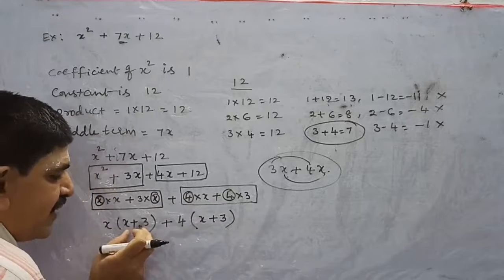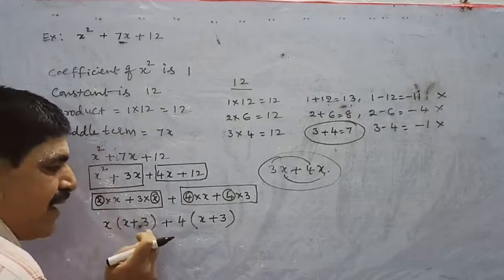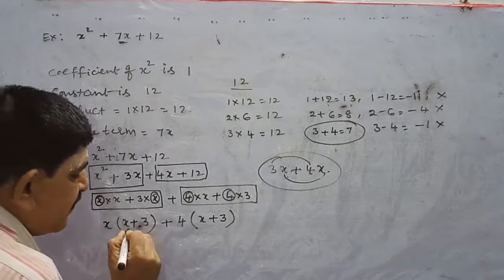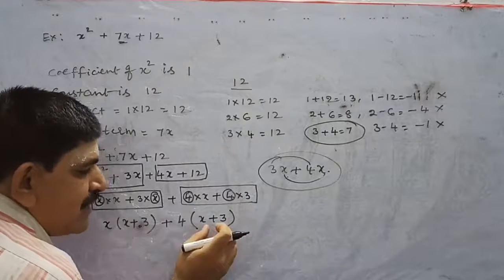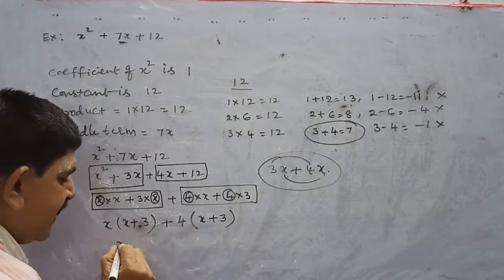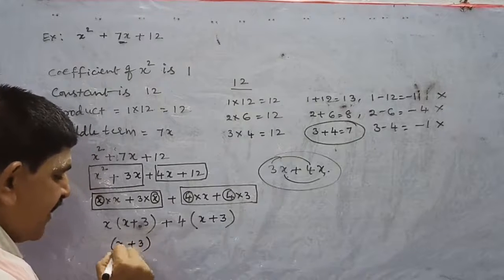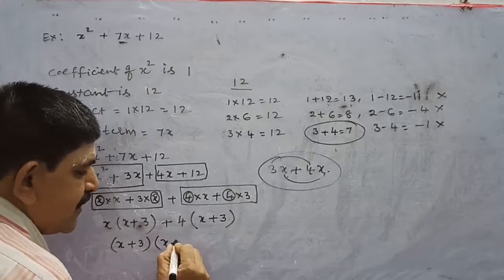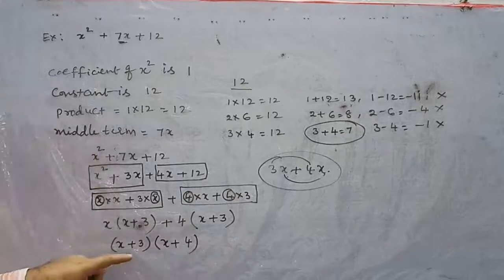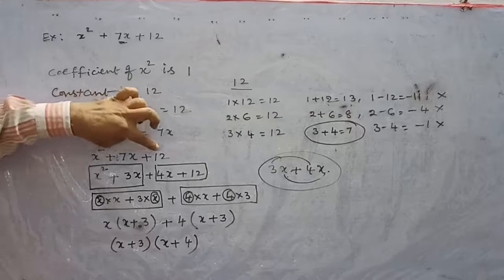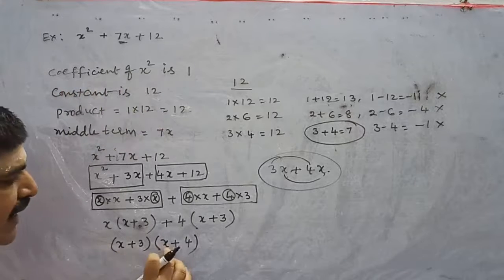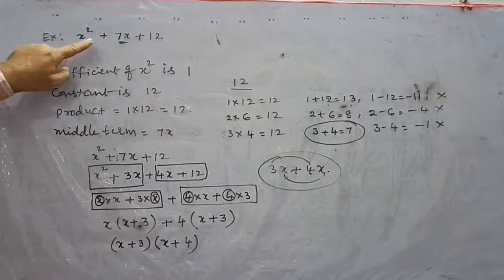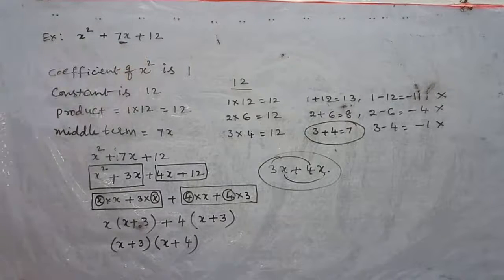So whatever factor we get in the first half, we should get the same in the second part also. Next, from these two, x plus 3 and x plus 3, you take out one factor as common and write the remainder, x plus 4. So the factors of x square plus 7x plus 12 are x plus 3 and x plus 4.